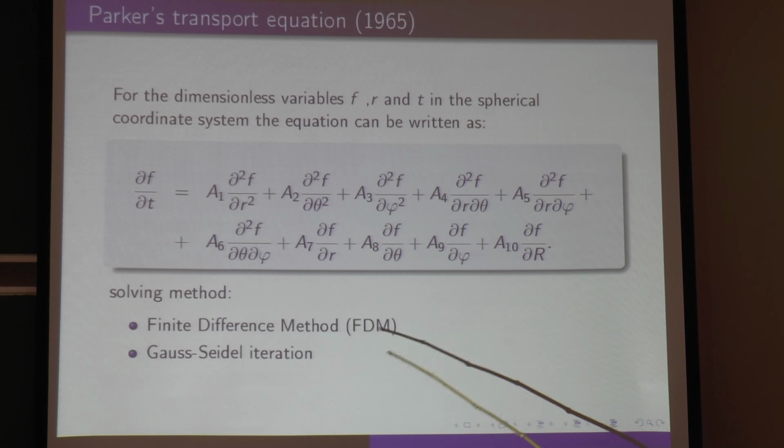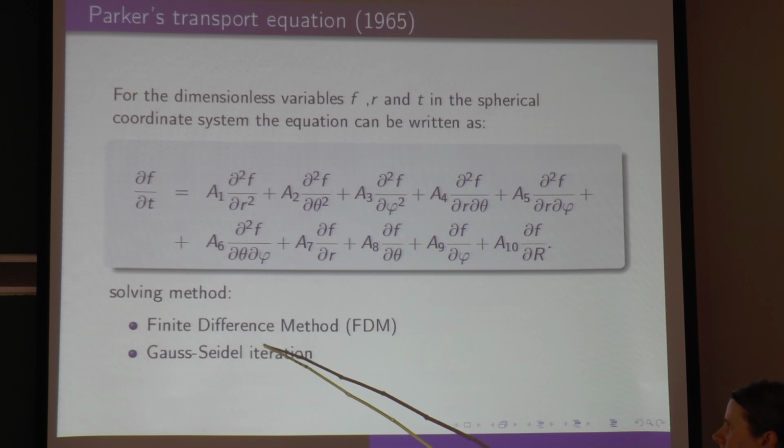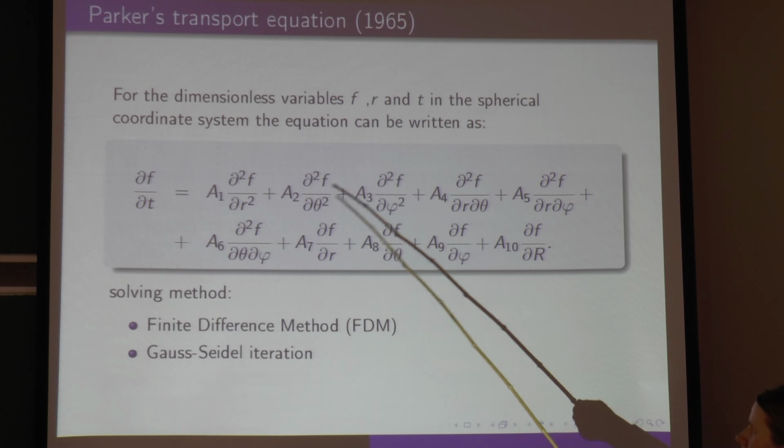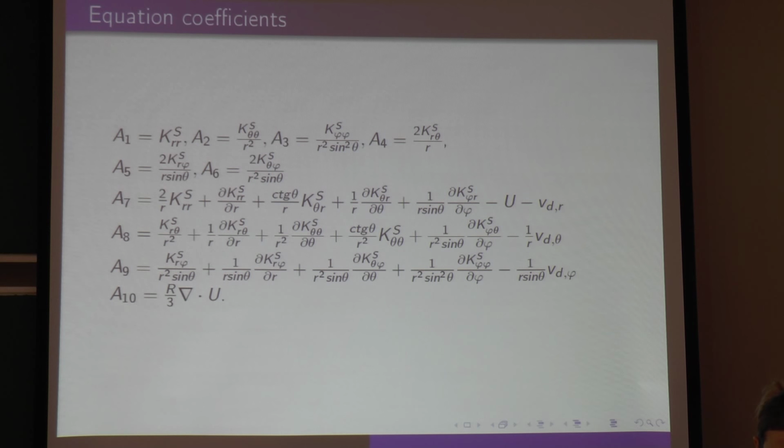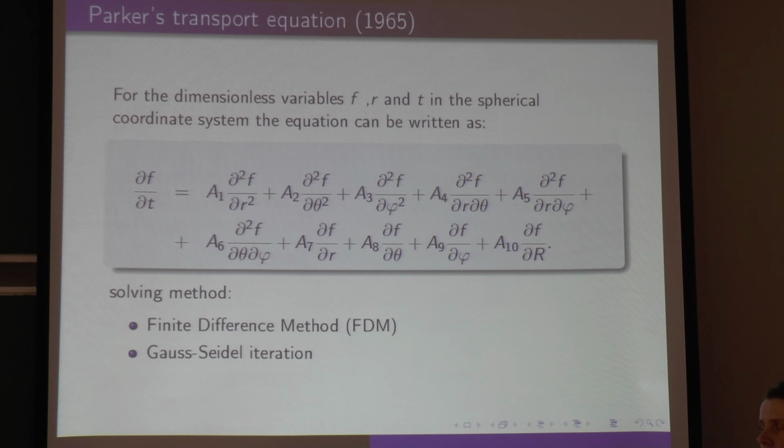The first method we can use is the finite difference method. We transform this equation to a set of linear equations and solve these linear equations by Gauss iteration. They are linear, but the coefficients depend on the variables. Yes, the equation is linear, but the coefficients are not constant.